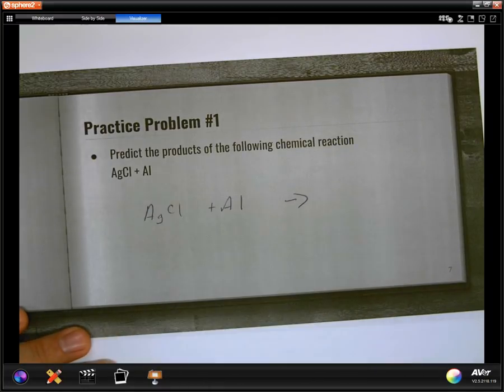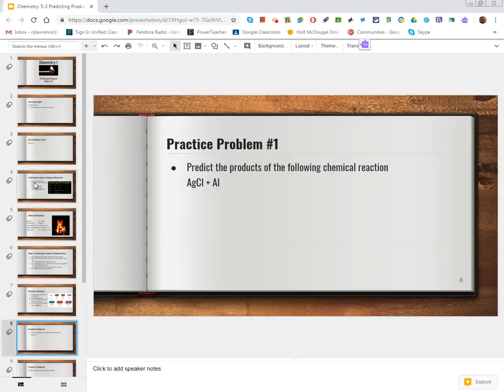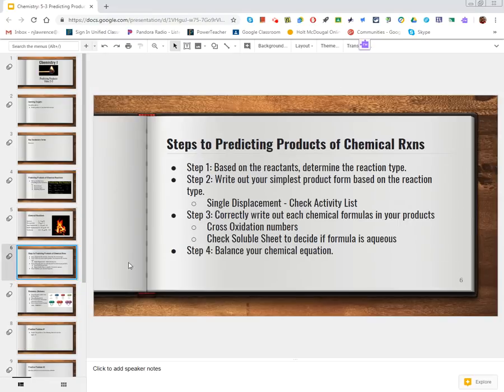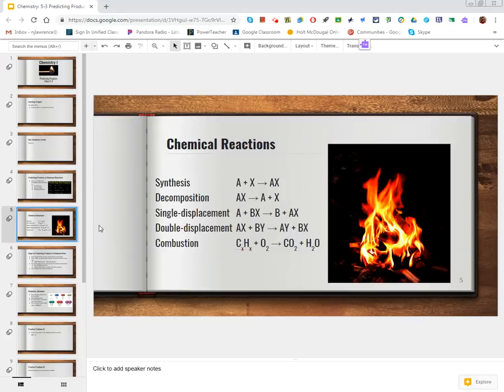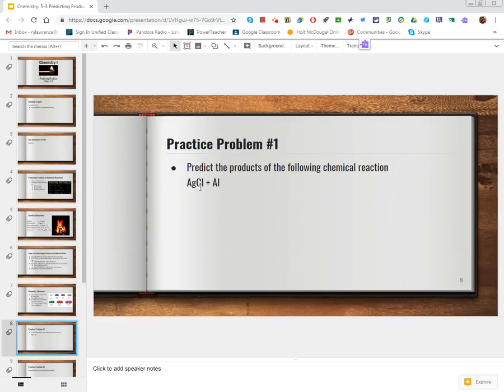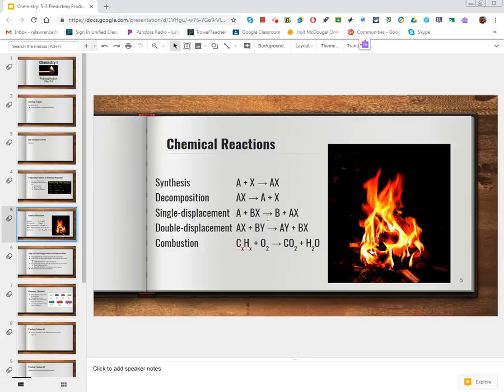So the first step I told you to do was to look at what type of chemical reaction this is. As I look at this and I'm getting familiar with my reactions, I should say, okay, what type of chemical reaction is this undergoing? And so again, if I see here AgCl and I look at my list, go ahead and think about it.